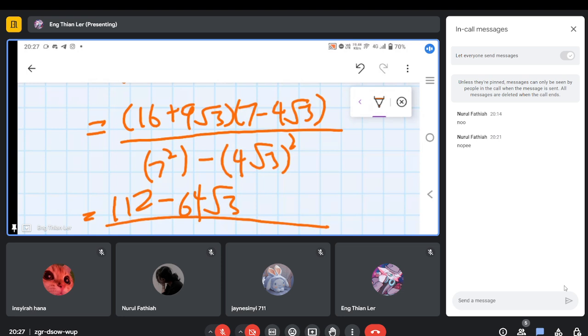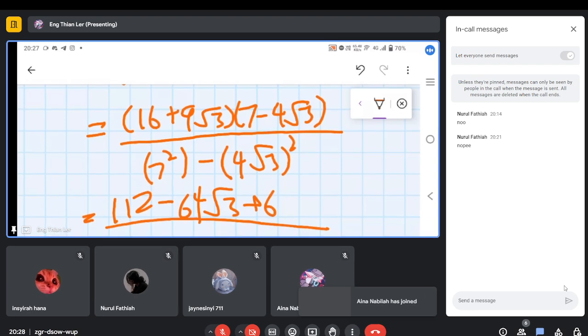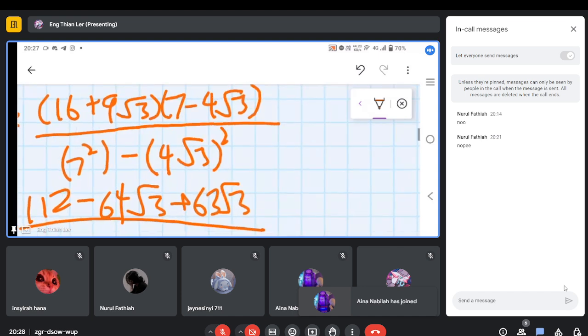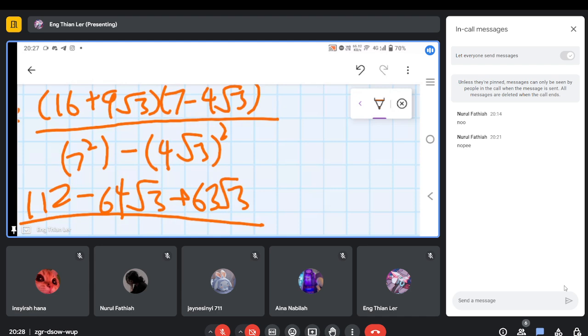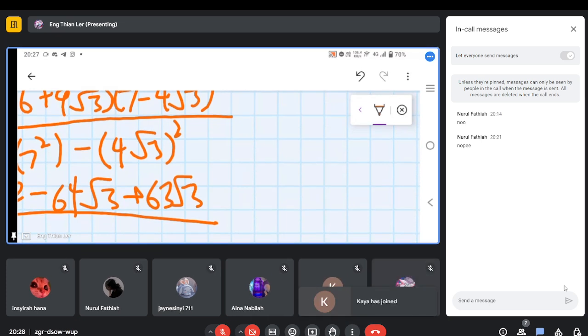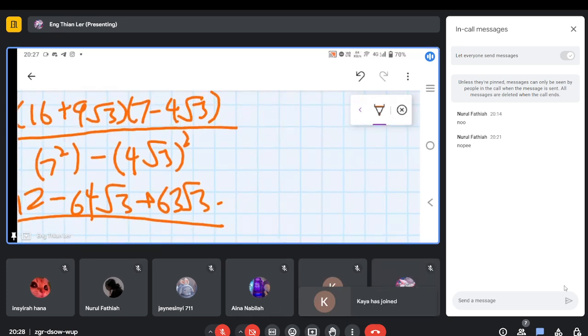And 7 times 9√3 is plus 63√3. The last one is 9√3 multiplied by negative 4√3. 9 times 4 is 36, but minus, so minus 36, and √3 times √3 becomes 3.